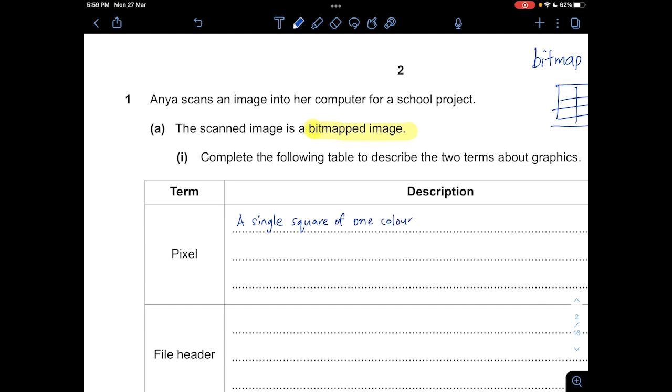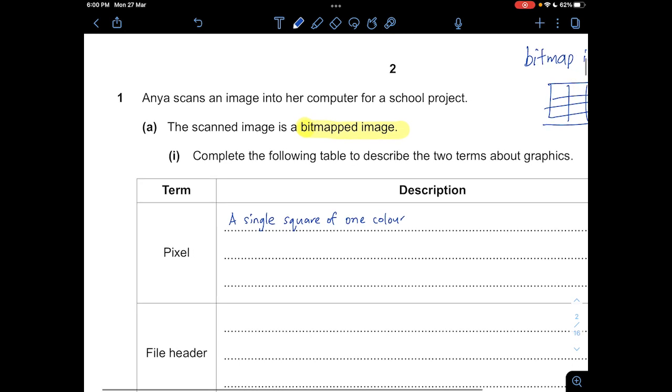So if you look at our computer monitors, although it's not very obvious, if you use your camera and zoom in all the way to the maximum, you see that there are actually very small squares. These squares are known as pixels. Now this is basically how image resolution is made up, it is all based on pixels. So besides saying that it's a single square of one color, you can also say it's the basic unit of an image.